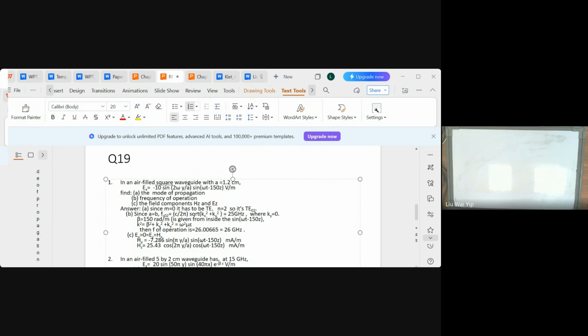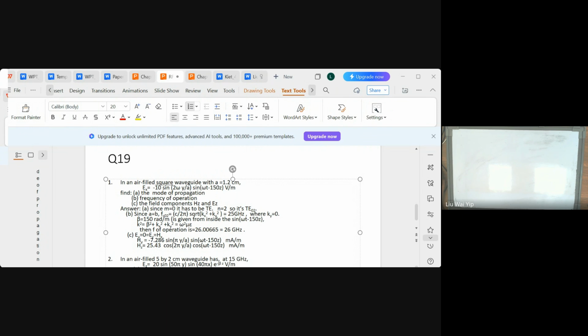Remember, whenever you are asked to work out the mode of propagation, you need to look at the expression of the electric field. It doesn't matter whether it's in the x direction or y direction. You have to look at this.